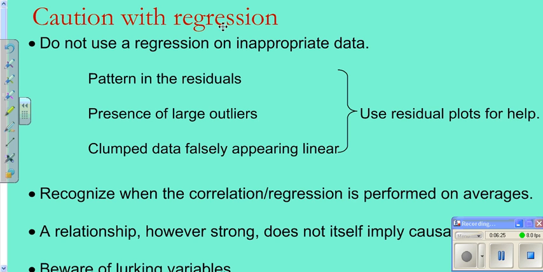Now, when you're dealing with regressions, you want to make sure that you're looking at your residual pattern, because you want your residuals for the most part to be a random distribution of points. If there's any pattern where it's above or below significantly, then you know you have a bad linear regression, and it's probably not linear. You want to be aware of outliers. You want to be aware of clumped points.